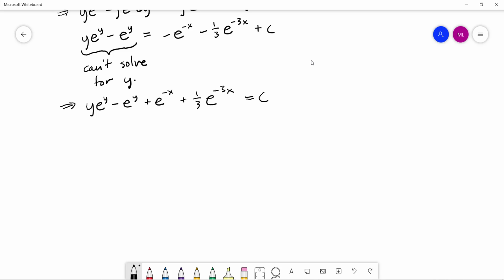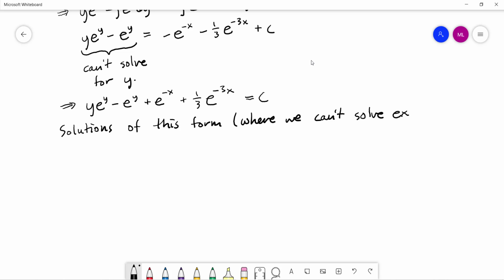And again, solutions of this form will absolutely show up. They're basically solutions where we can't solve explicitly for whatever the dependent variable is, in this case y.